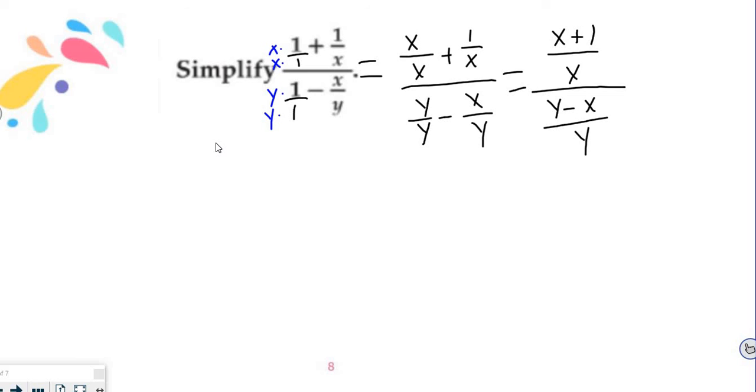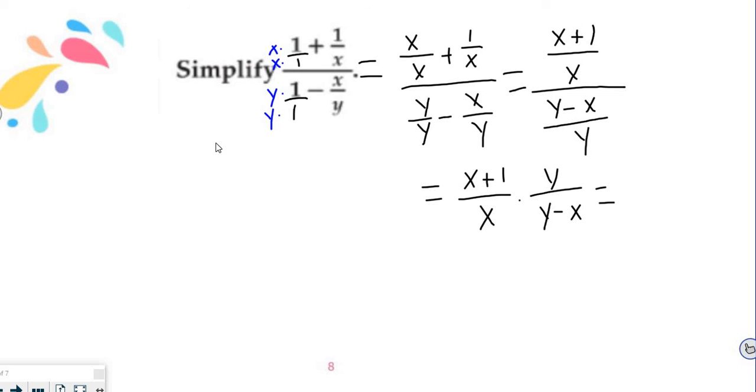Okay. So now this looks really similar to what we did on Monday. I just have a bunch of fractions all stacked on each other. And so we can do that process that we talked about. I'm going to keep my top fraction. I'm going to change my big fraction bar to multiplication. And then I'm going to flip my bottom fraction.